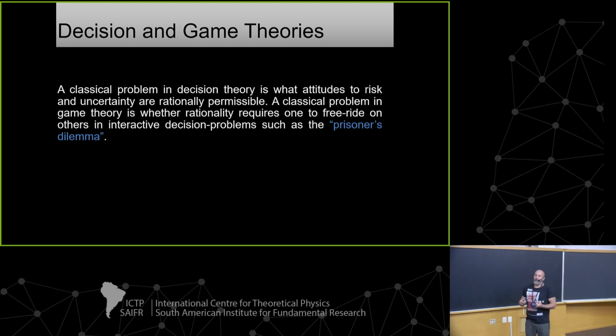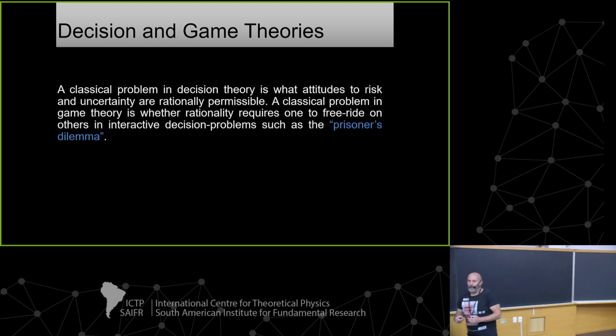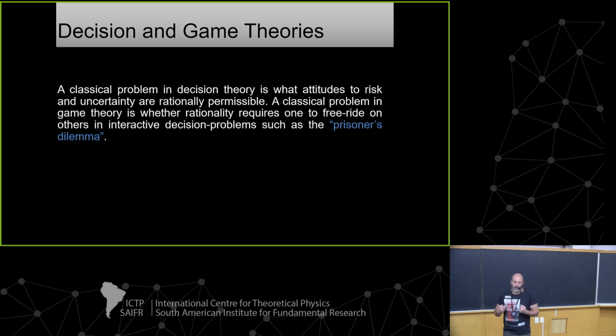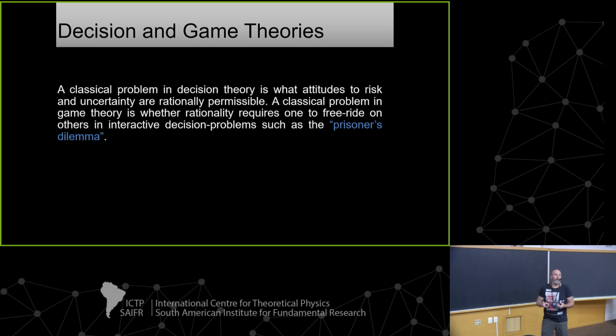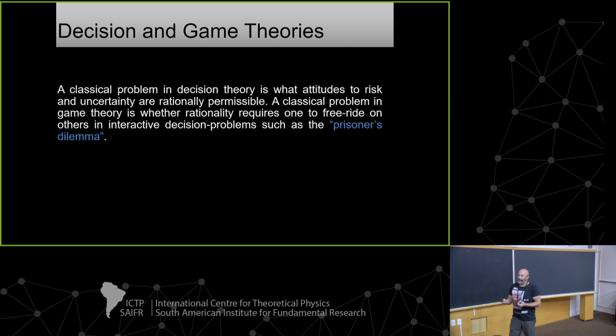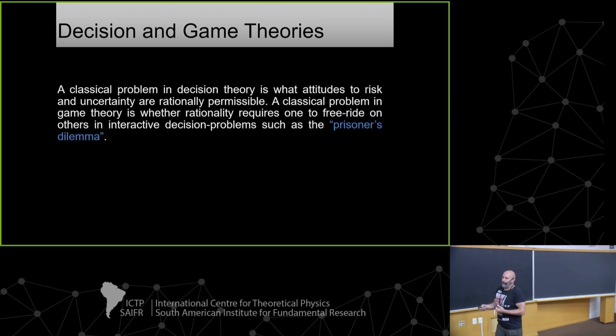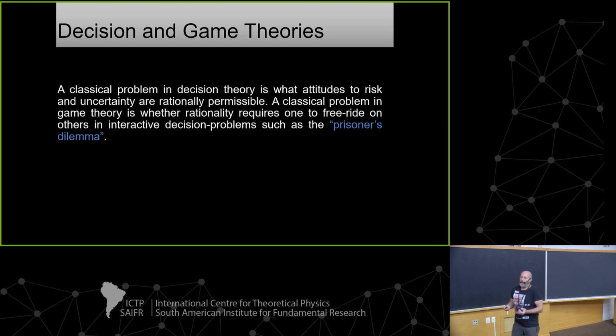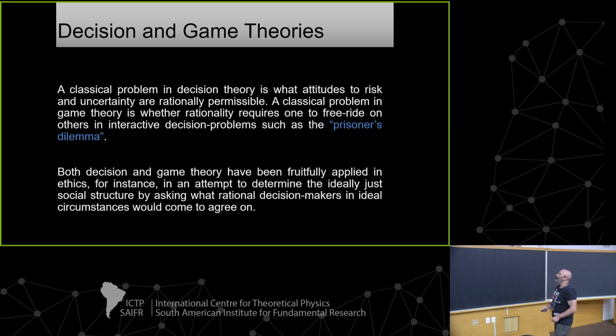I will tell you what rationality is in the next slide, but in game theory, we assume all of us will behave in a rational way. But sometimes there are people that do not behave in a rational way. So the idea is how to anticipate the possibility of other people not behaving in a rational way. So in decision theory, it's only me. In game theory, it's not only me, it's also taking into account the rest of the people.